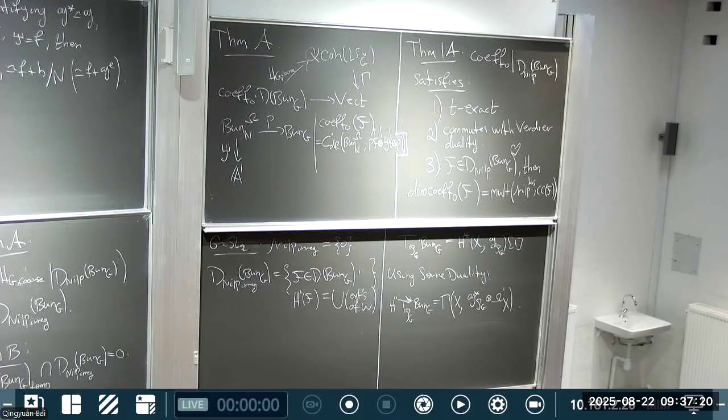Okay. I'll say it out loud. So we've talked about singular support. This was where you took some good filtration on your D-module, and you looked at the support of the associated graded inside the cotangent bundle.